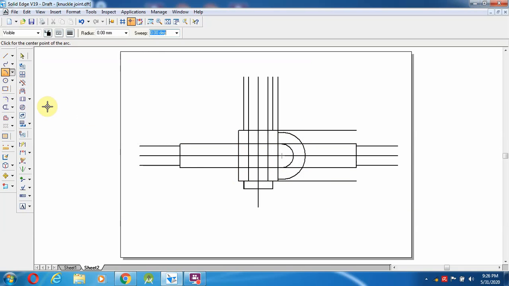Now I am going to use the trim option. This line is not required, even here, so I am going to trim it.